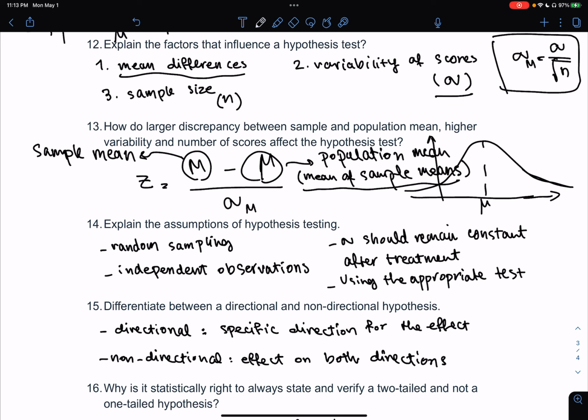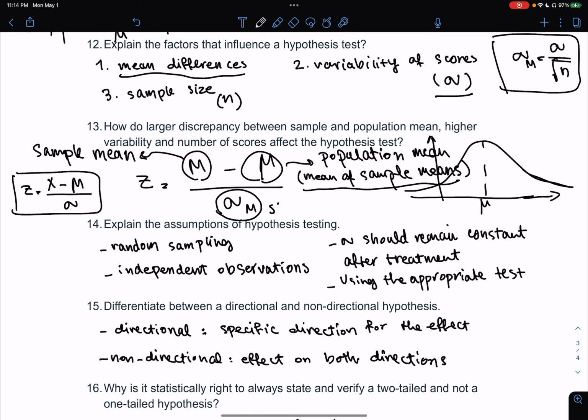And then what we used to do for z-score, I'll just write down the old formula here too. What we did for z-score is that we would do x minus M over a standard deviation. But here, since we're doing the distribution of sample means, the standard deviation of sample means is basically a standard error, right?